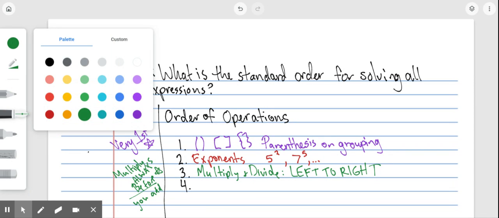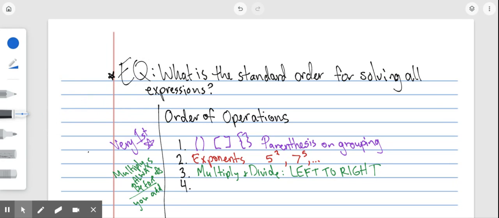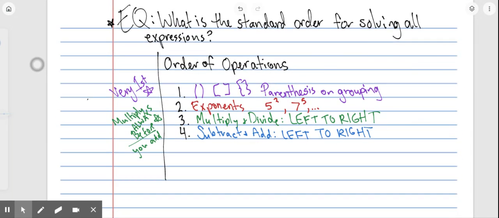Now take a few seconds. Answer in the chat, what is the last thing that we do? You should have come back with subtract and add. And again, that key phrase that I put at the end of this one is left to right. You should have this in your notes at least 3 times by now because we've gone over it a few times.